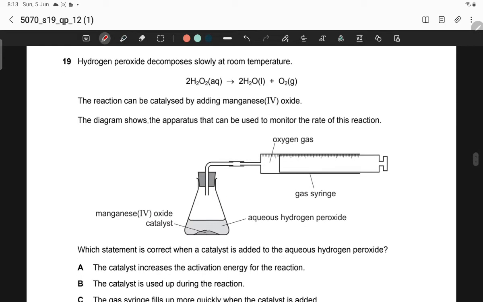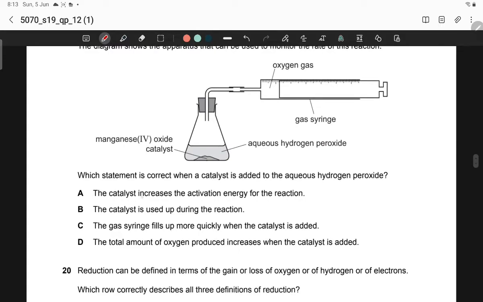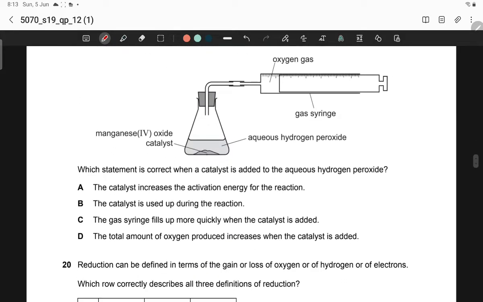Question number 19. Hydrogen peroxide decomposes slowly at room temperature. The reaction can be catalyzed by adding manganese 4 oxide. The diagram shows the apparatus that can be used to monitor the rate of this reaction. Which statement is correct when a catalyst is added to the aqueous hydrogen peroxide? The catalyst lowers the activation energy.